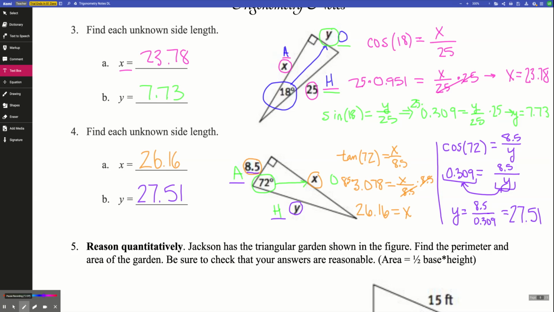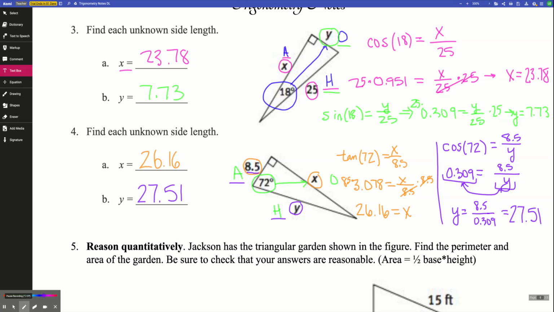Okay, so I plugged cosine of 72 into my calculator and got 0.309. Okay, and then you end up with 0.309 equals 8.5 over y. Whenever you have an equation like this one, where you have a number equals a fraction, and the variable that you're looking for is in the denominator or the bottom of the fraction, remember, the shortcut is you can take the value on the other side of the equal sign, which in this case is that decimal, 0.309, and swap it with your variable.